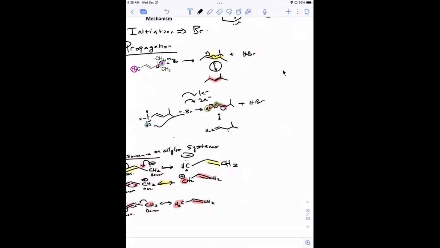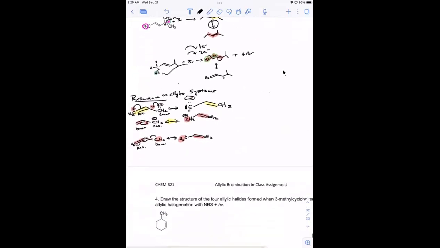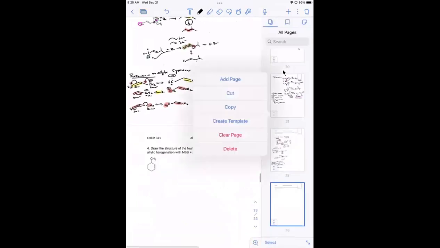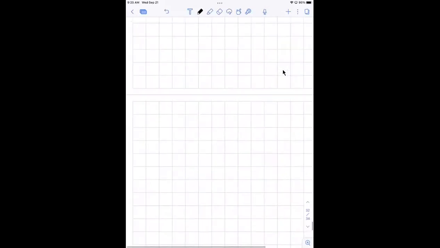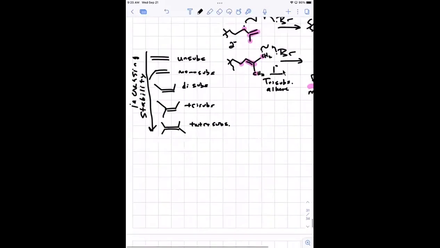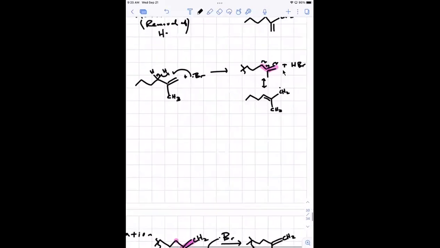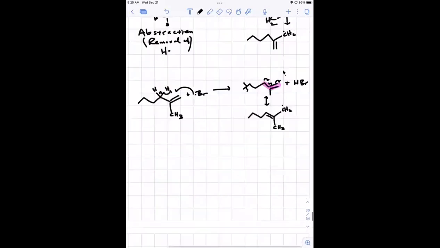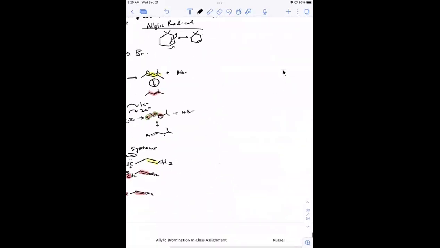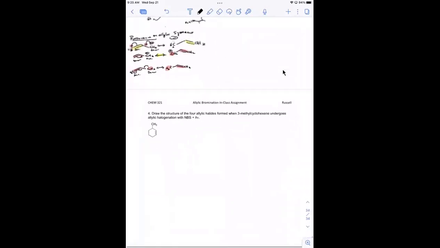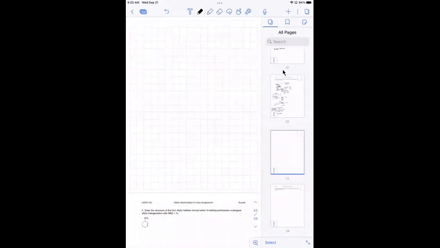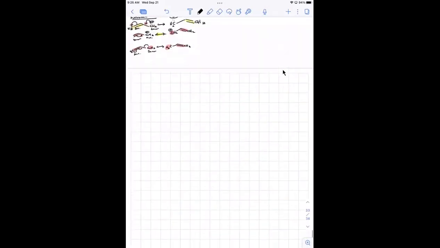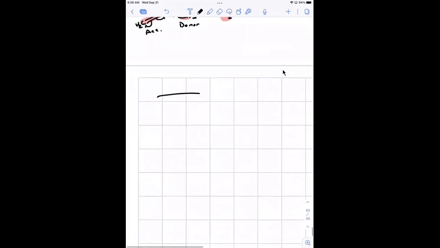Now, what's the next step in the mechanism? Anybody? Are we on termination now? We are. We are on termination. That's the final step in any radical chain reaction.